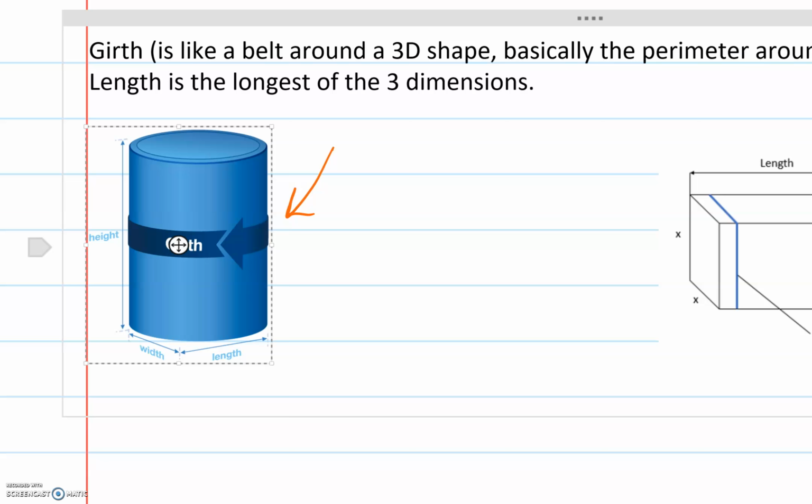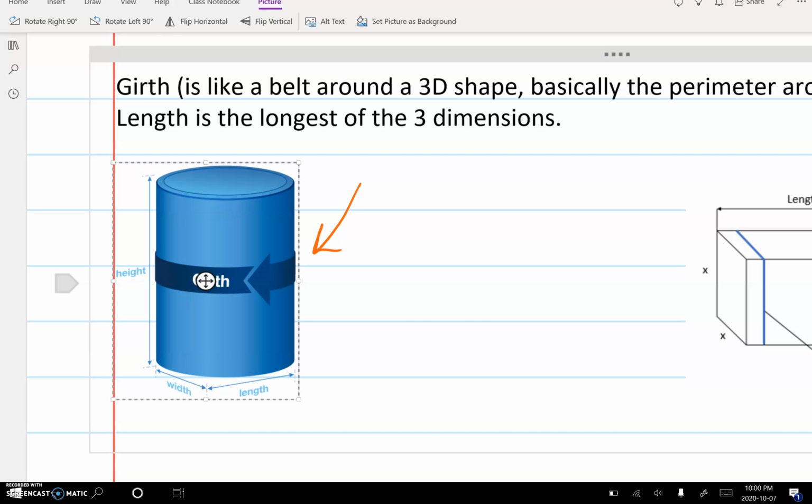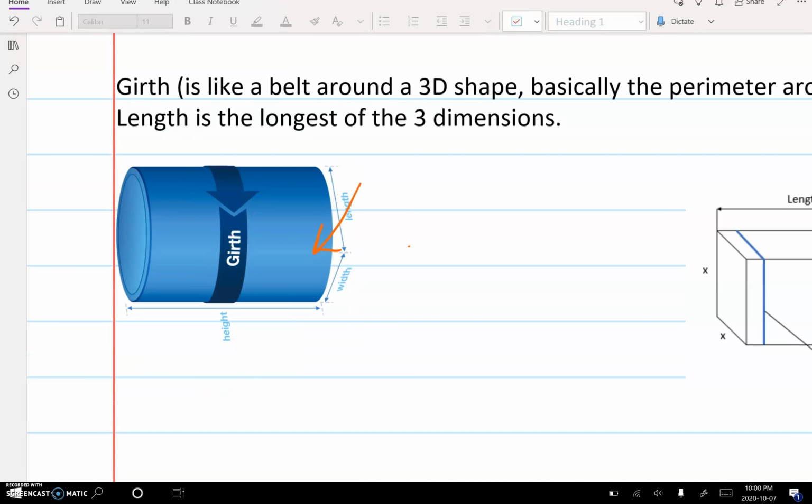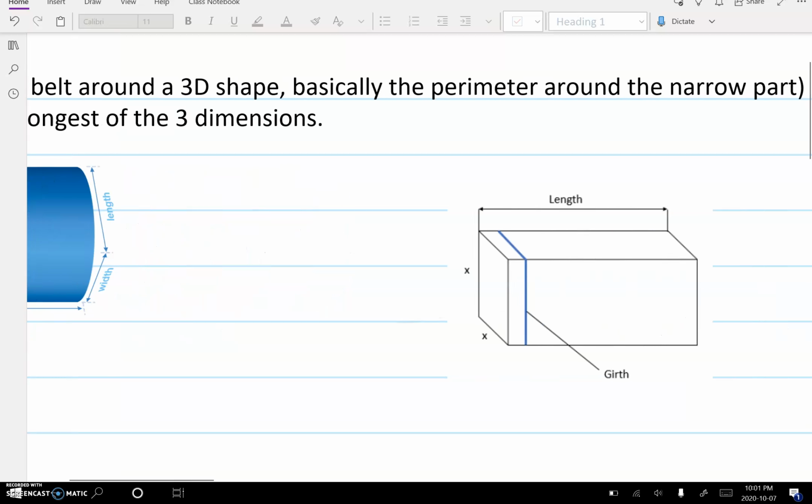But if we rotate that image by doing this, the girth is still in the same place. So the girth doesn't change, but in this case we could talk about the length a little bit more easily.